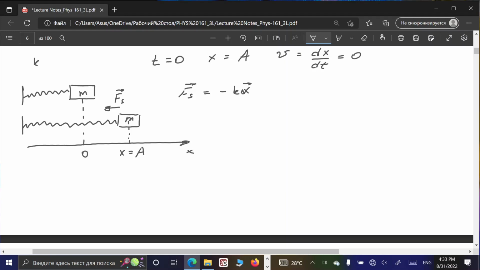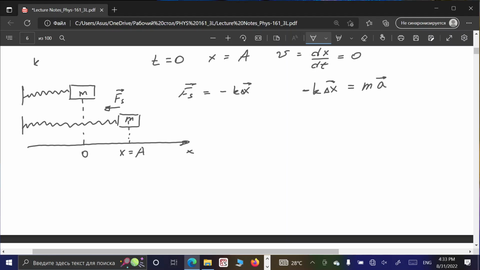So we can write now that according to the second law of motion, minus k times delta x, the displacement, will be equal to m times the acceleration vector.